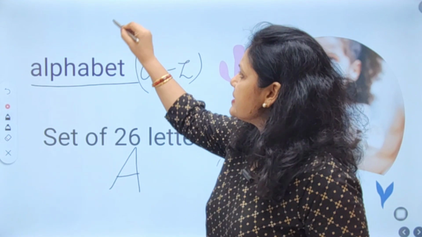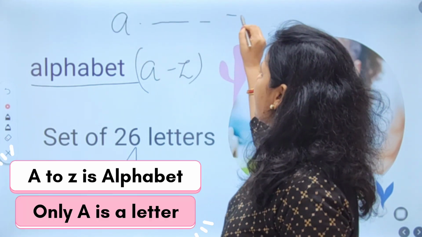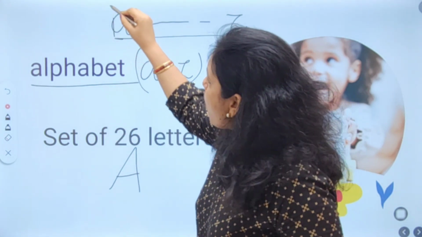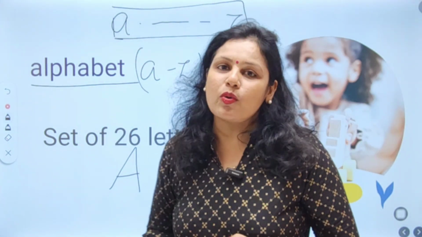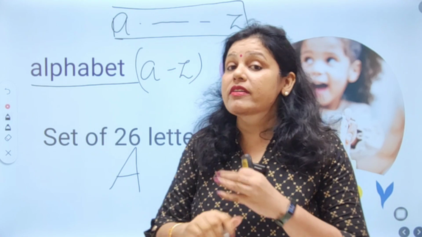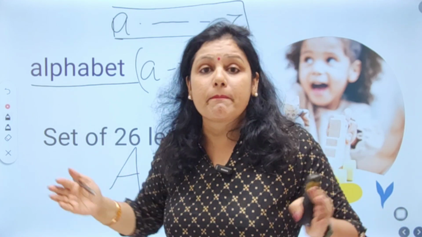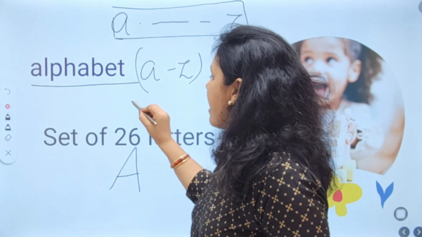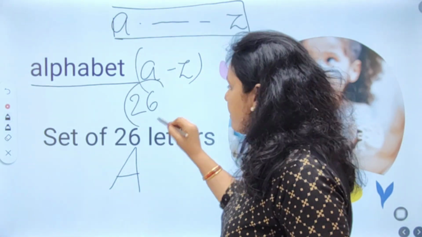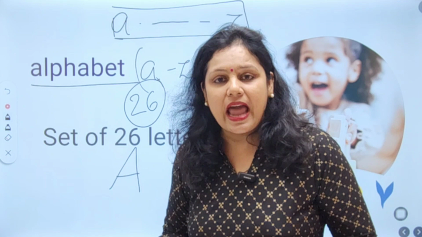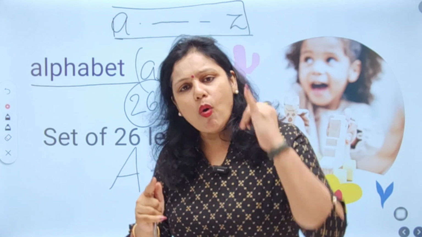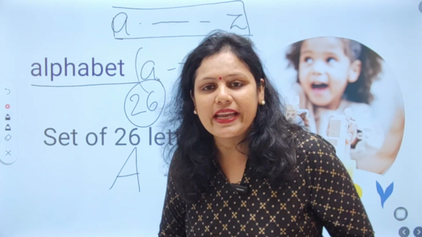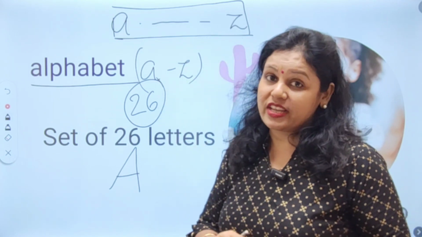So all the 26 letters are there till Z, and this whole set is known as the alphabet. So there is no word like alphabets till now. We don't say that we have 26 alphabets in the English language. No, we have only one alphabet, and that alphabet contains 26 letters, A to Z.